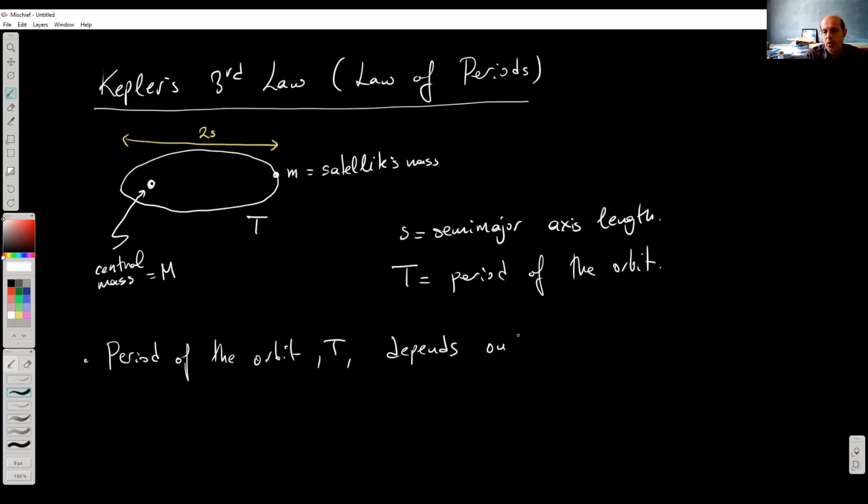depends only on the semi-major axis length S and the central mass.